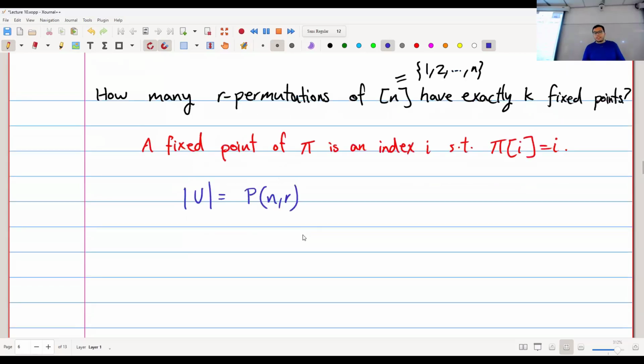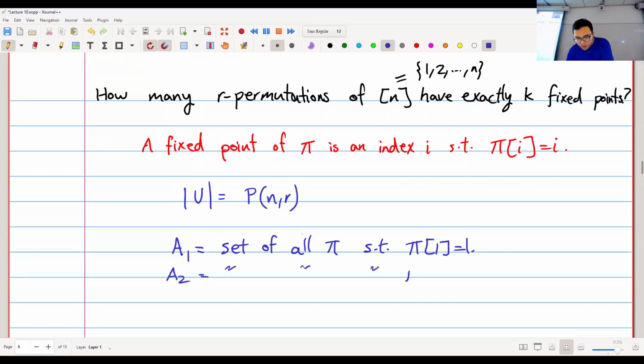But now what are the sets that I want to look at? So let's say A1 is the set of R permutations where 1 is a fixed point. So I say A1 is the set of all permutations P such that P1 is 1. And similarly, A2 is going to be the set of all permutations where P2 is 2, and so on.